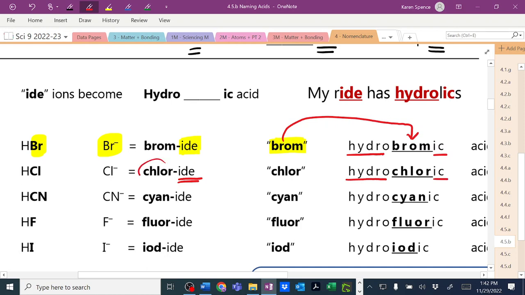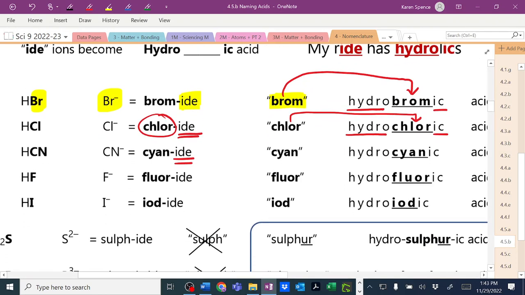And we'll use that stem, chlor, to go in the middle. Hydrochloric acid, HCl. HCN, cyanide, is hydrocyanic acid. Fluoride, hydrofluoric acid. Iodide, hydroiodic acid.